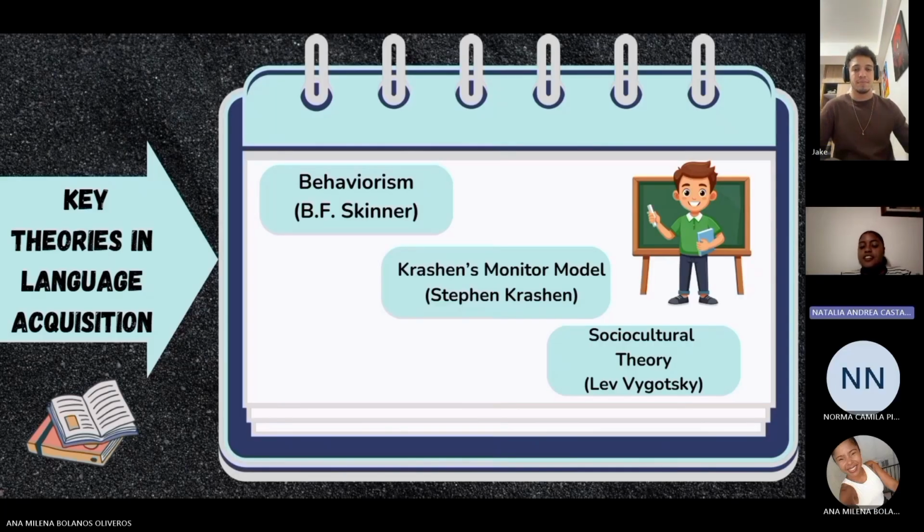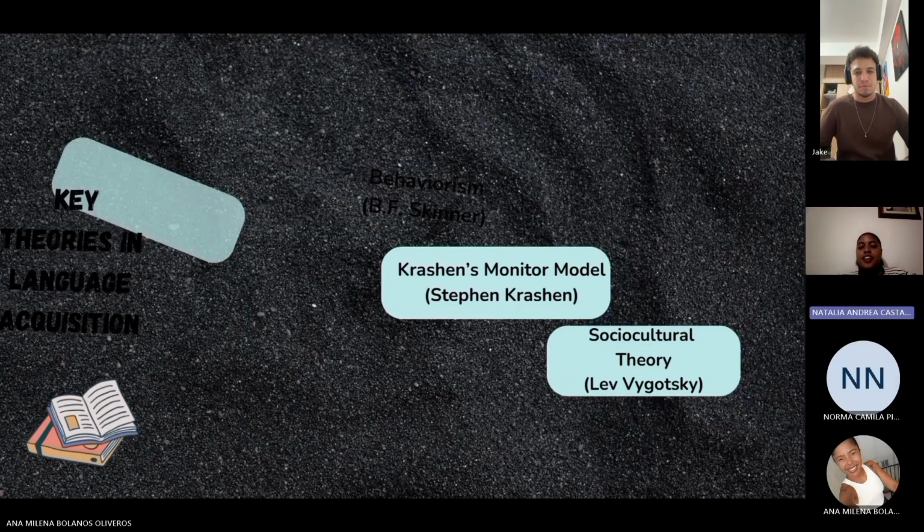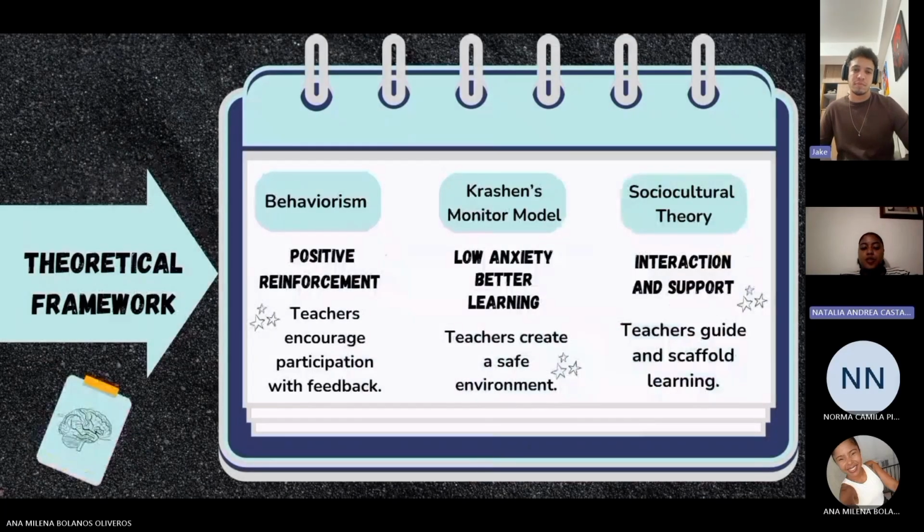Finally, sociocultural theory by Vygotsky says that learning happens through interactions with others. The teacher supports students and helps them improve step by step. These theories help us understand how to support students and improve their confidence when speaking English.